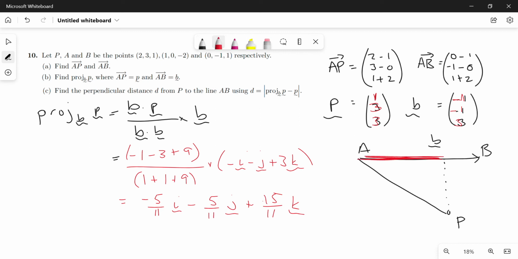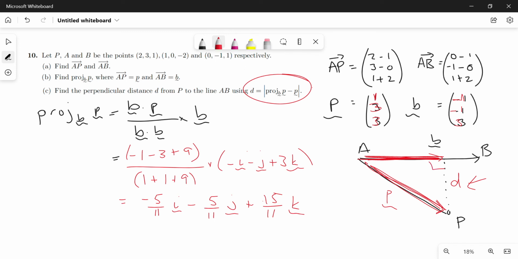That vector there is what we found, the projection, and our AP is here. If we use this distance formula, we're finding this distance. We're saying take the projection minus the AP, or the P vector. That'll give us D, this line, as a vector, and we just want the distance of it. Now, it should be the perpendicular distance, because it's the projection.